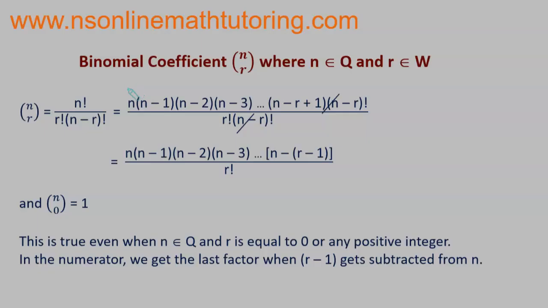So the first thing that we will be learning is the binomial coefficient, that is nCr, where n belongs to the set of rational numbers, that is Q, and r belongs to the set of whole numbers, that is W. Our starting value is 0 and all the remaining values are natural numbers or positive integers.